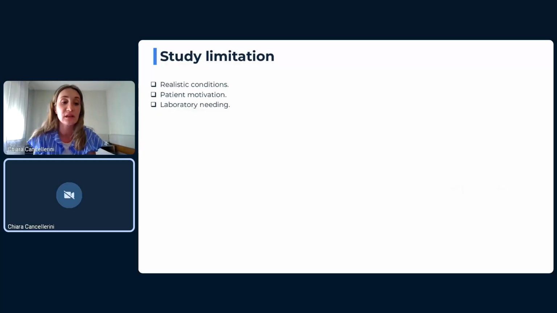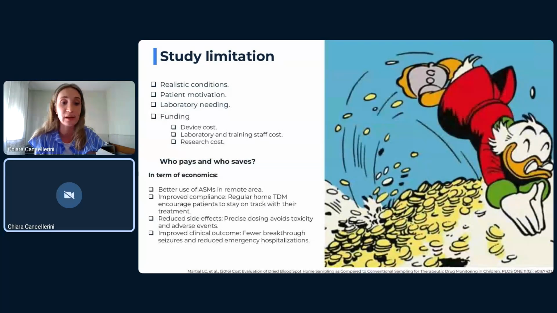So we also have to see if they are motivated enough to do it. And then, of course, the laboratory needs, because there is no kit available for microsampling devices yet, and this, of course, slows down the laboratory routine. And also, at the end, it's just about money, because there is not so much funding for research. The device costs a lot.